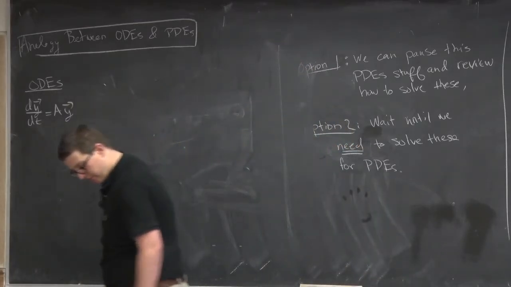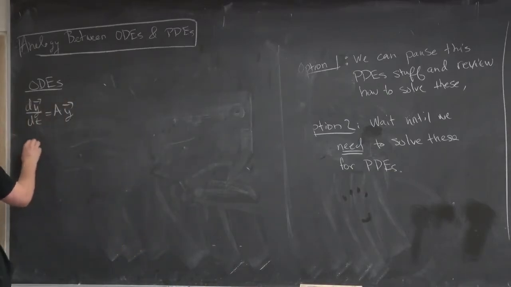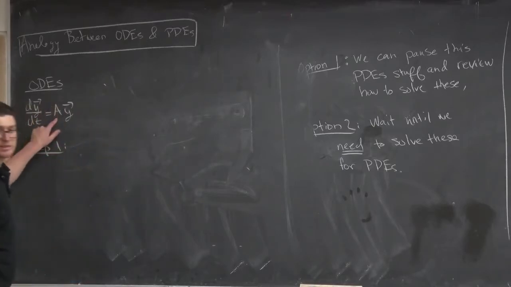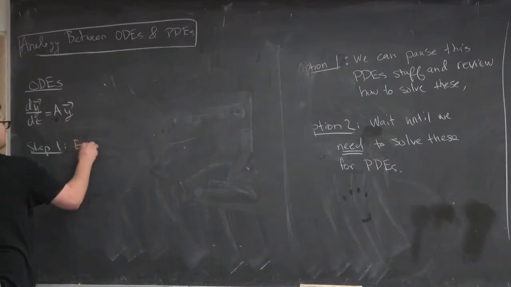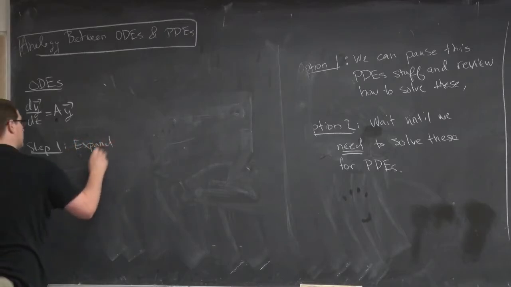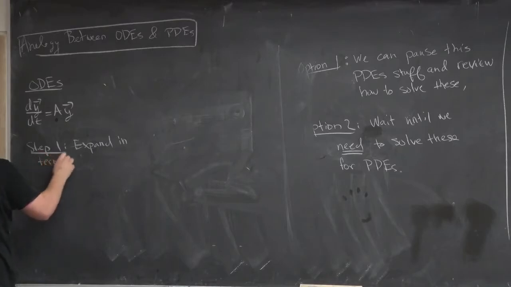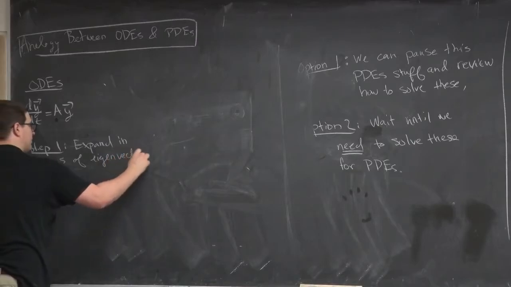The strategy was to expand. When this matrix is diagonalizable and has a basis of eigenvectors, we expand in terms of a basis of eigenvectors.